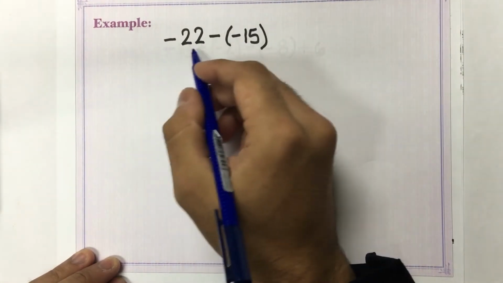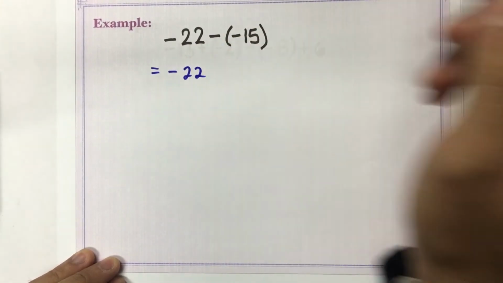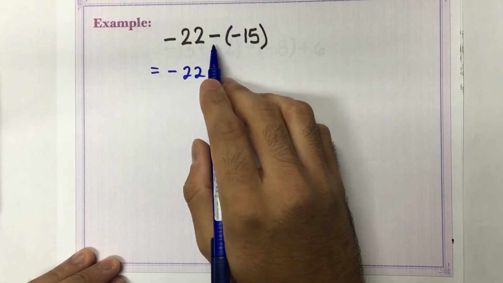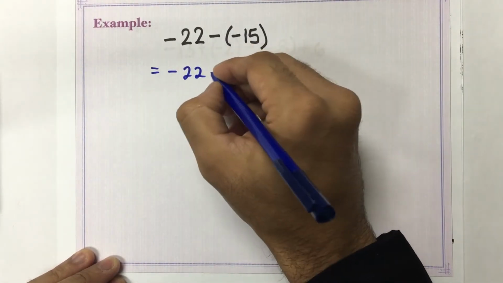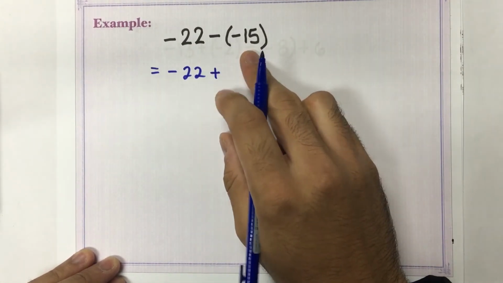So the first quantity remains exactly the same, sign intact and everything. This is the sign of operation we're subtracting. We're going to change that into an addition, and we're going to change the sign of the second quantity.